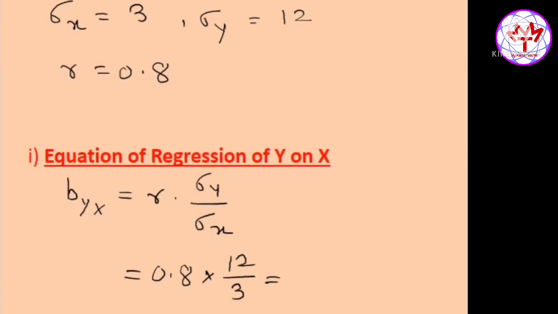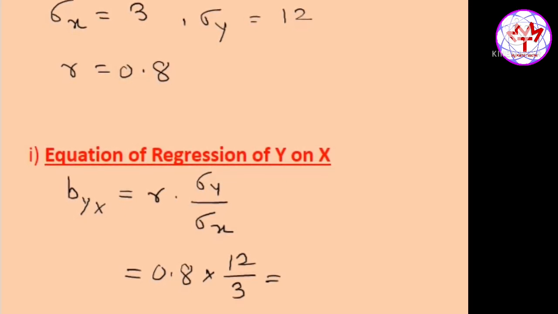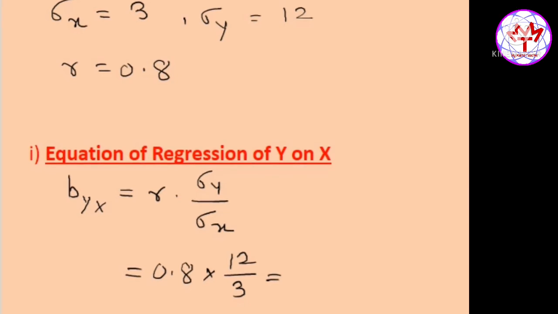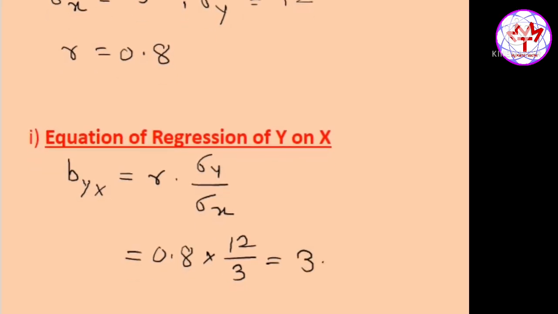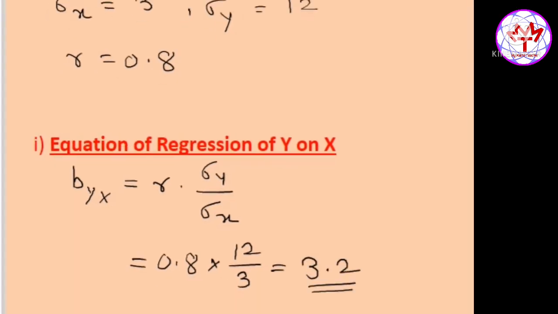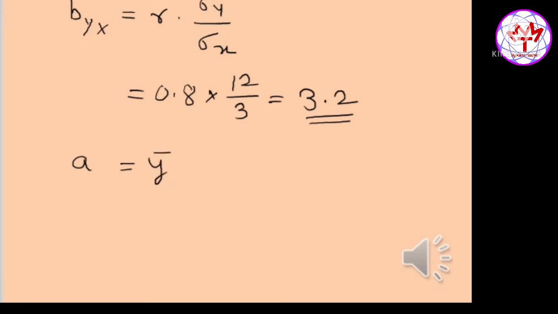upon 3. That is, 3 4s are 12 and 4 into 8 is 32. So we get 3.2. Then let us find the value of a. a is equal to y bar minus byx into x bar.